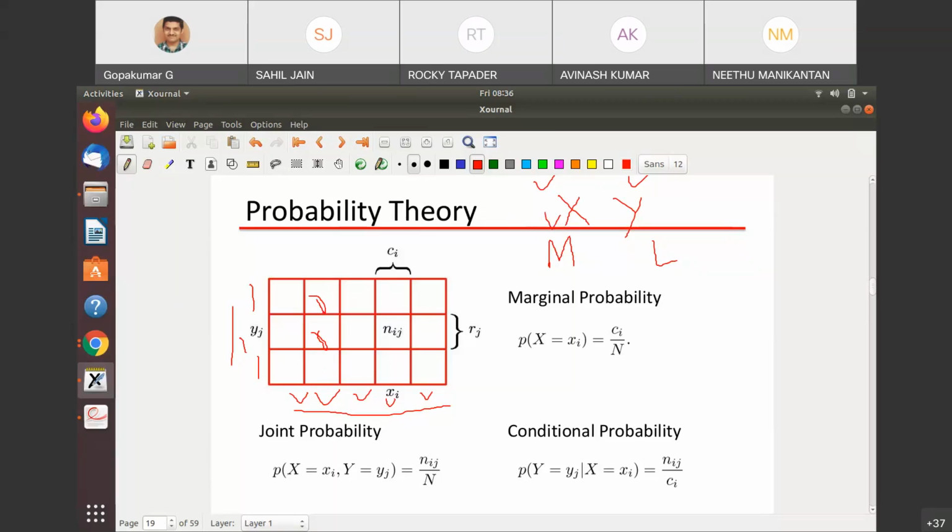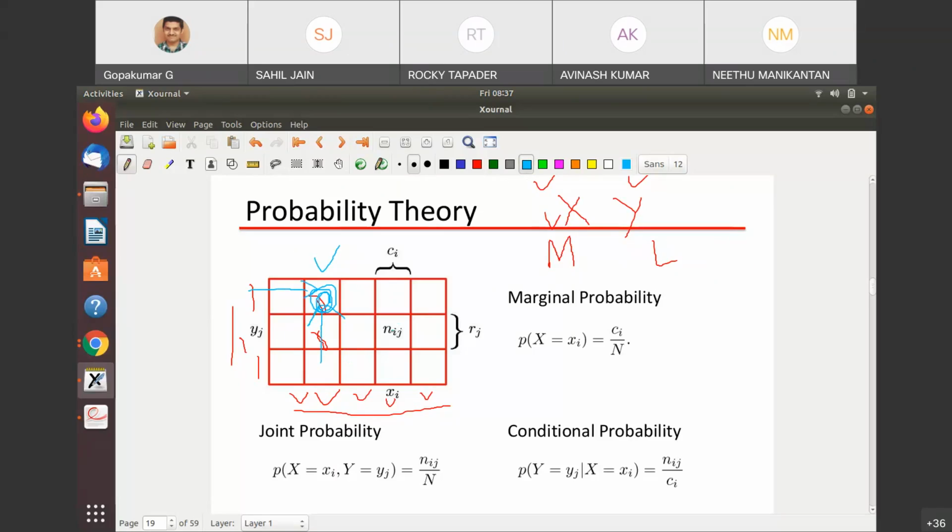So a particular cell value represents the fraction of the total cases we are considering where x takes this particular value and y takes this particular value. That is the meaning of each cell value.